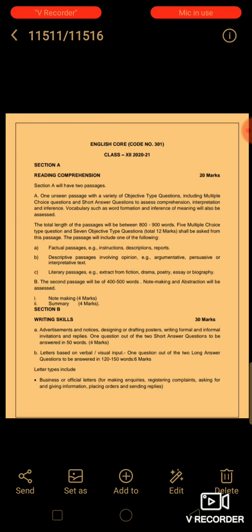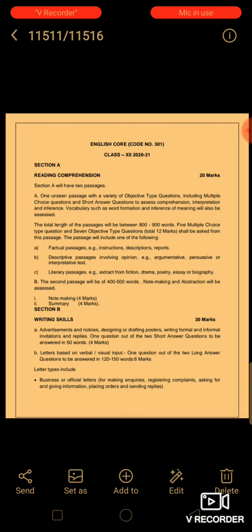A factual passage provides good clarity on the topic that is being discussed. You might have seen some passages that are quite clear, where in just one or two readings everything is clear to you. That is the factual passage category. Sometimes you read a passage which even after three or four readings, you are unable to reach any conclusion or understanding. So that is the discursive type of passage.